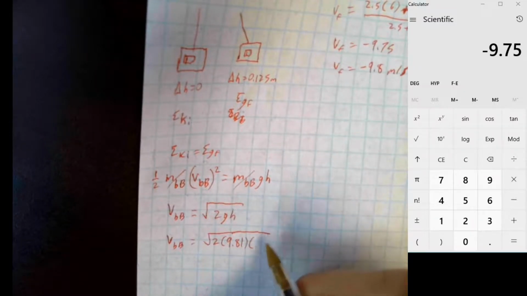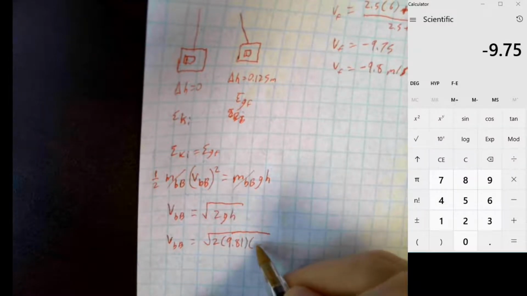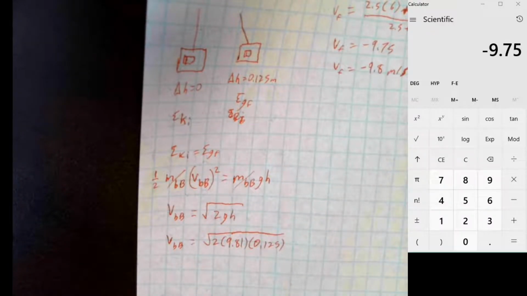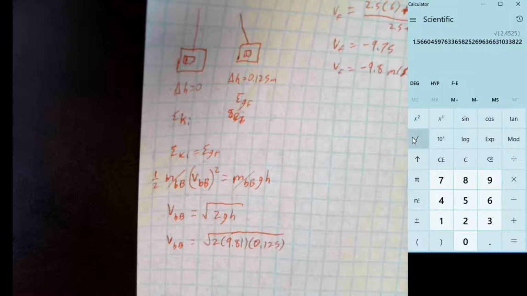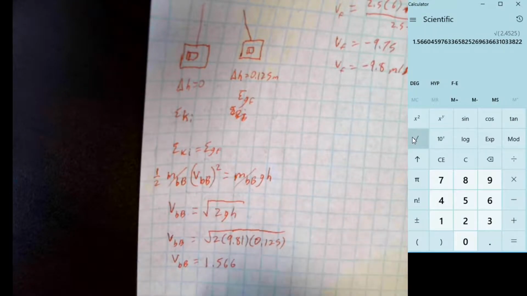Because I have 3 significant digits, I'm going to use my 3 significant digit value for G, so 9.81. So when I calculate this, I will have 2 times 9.81 times 0.125, and I find the square root of that. I end up with a VBB of 1.566.